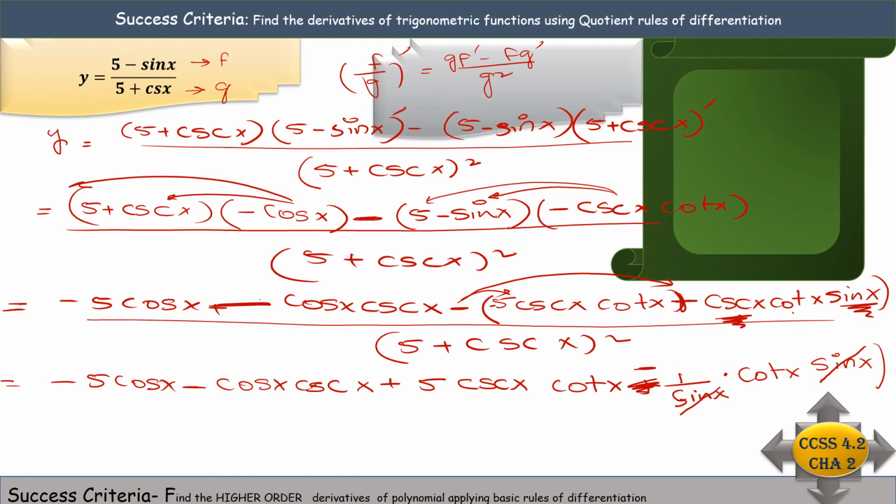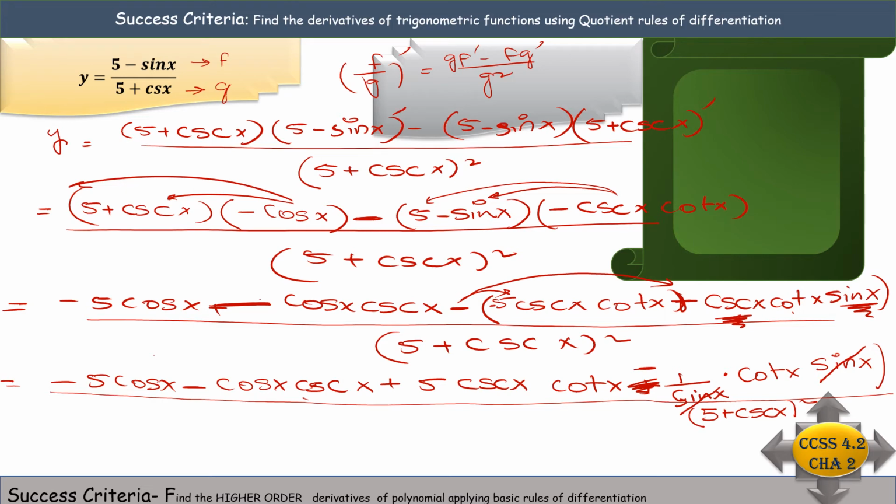I am not writing it because of the shortage of place, but let me write it for you on one side. Like here I am writing (5 plus cosec x) whole square. Now let's see here. I have negative 5 cos x, and here cosec is 1 over sin, and here also 1 over sin. I can't do anything, and cosec x, cosec x, cos x, cosec x, and that's it.